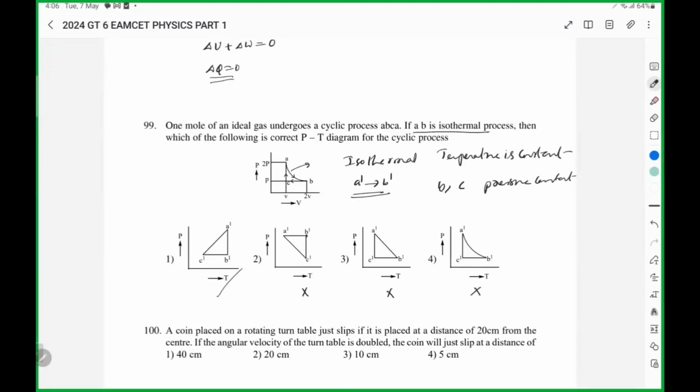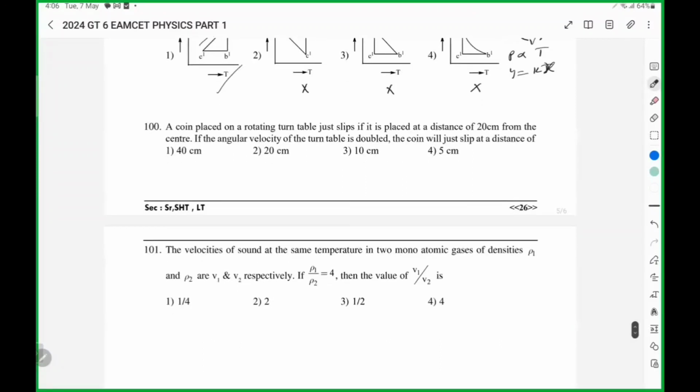For C to A, your volume is constant, so how does pressure change? PV is nRT, as volume is constant, P is nR by V times T, so P is proportional to T. That means Y is proportional to X, Y is kX, which means it's a straight line passing through the origin.